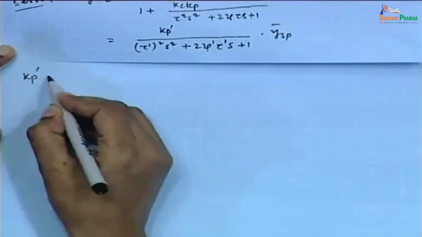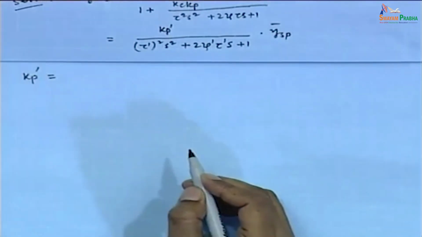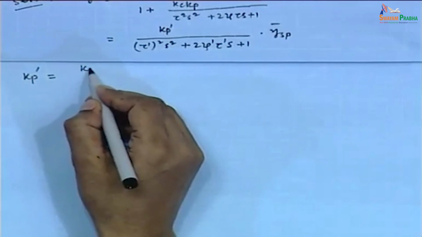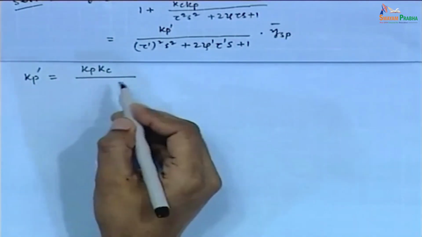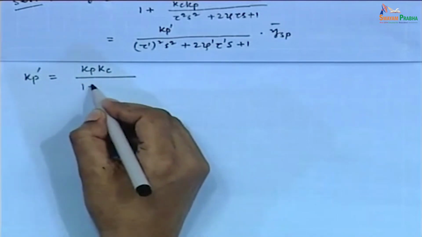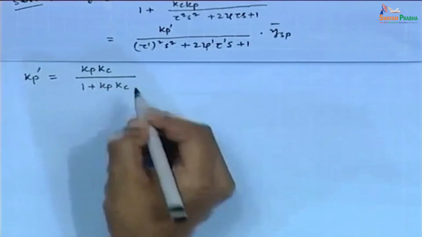Now, Kp prime has the form Kp prime equals Kp Kc divided by 1 plus Kp Kc.